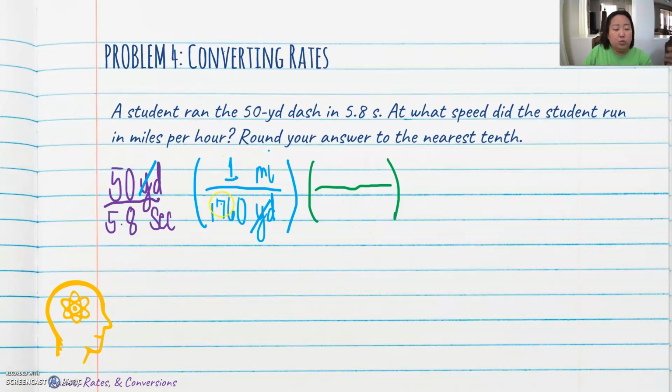Always remember, when you have rates, you will have to use the location of the opposite on your conversion factor. So seconds is given in the denominator, which means in the conversion factor, seconds will be in the numerator. And what is our desired unit of time? It has to be in hours.